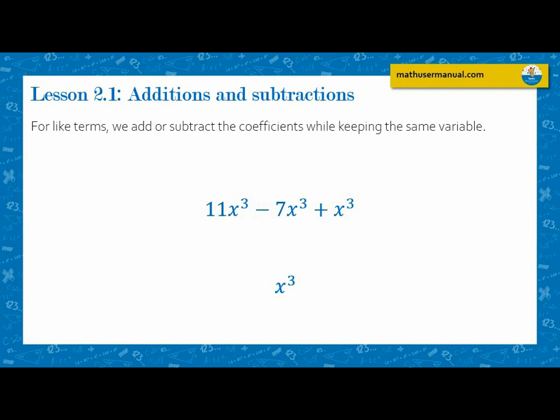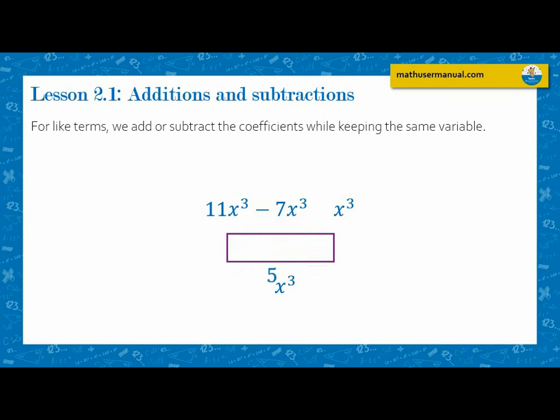Copy the variable with the power, very important, with the power, and then add the coefficients, remembering that when a variable doesn't have a written coefficient, it is a coefficient of 1. So now that we have copied the variables, we have all the coefficients, we add them together. One more time, 11 minus 7 plus 1 equals 5.